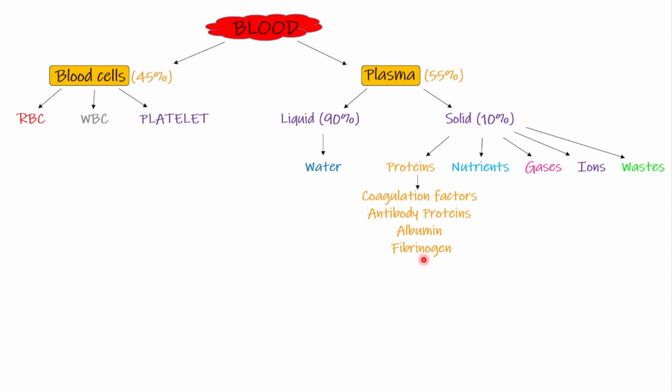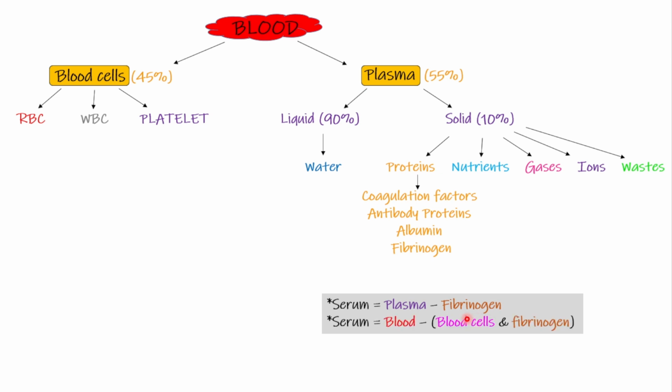Now there's one interesting thing, that is serum. What exactly is serum? Serum is basically plasma without fibrinogen. Or serum is basically blood without blood cells and fibrinogen.